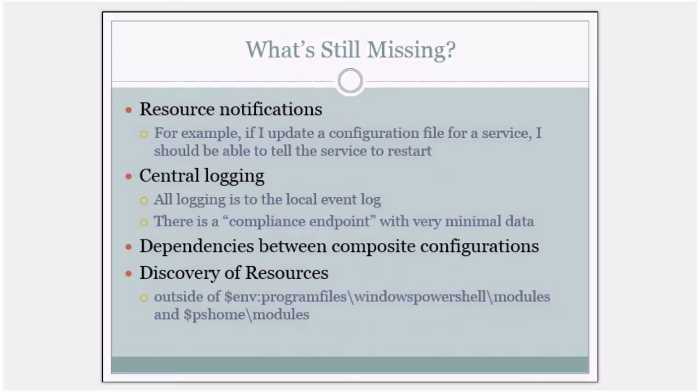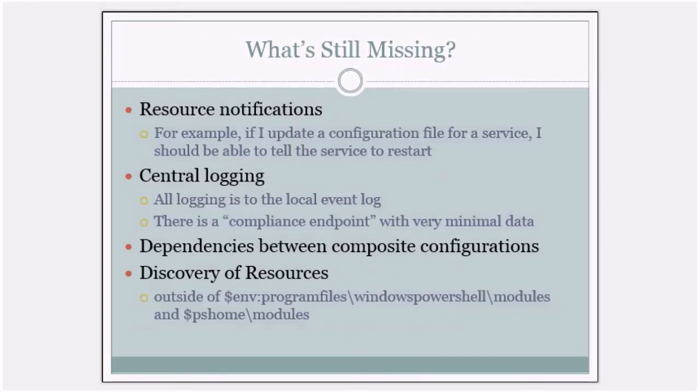For example, if I update a configuration file for a particular service, how do I tell that service that it needs to restart? I can create another resource whose job is to run after that and restart a service.